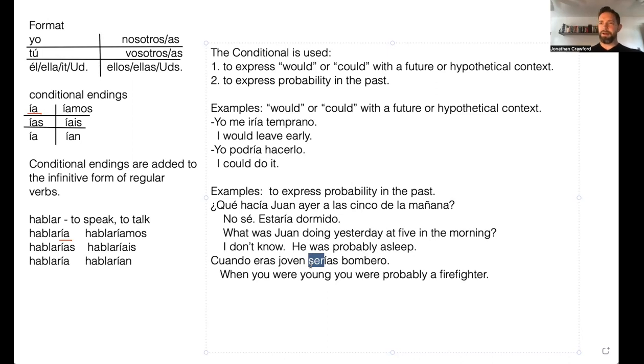So like occupations, the job that you had, the job title would be something that you use ser for and not estar. So remember, if it's for a job title, you use ser. You can go back and check out my video on ser versus estar, because in English, they both translate into to be. And so you don't want to get those mixed up in Spanish. In English, you don't have to worry about it.